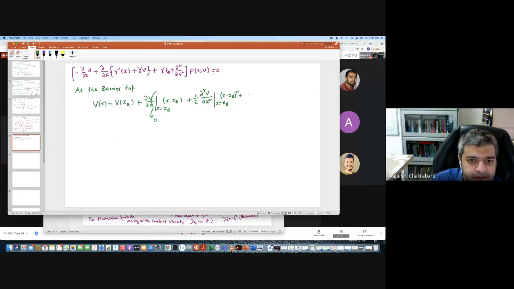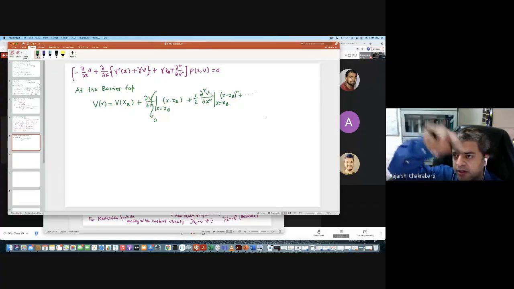So I can write this, the whole quantity, the second derivative of V with respect to x, as something like omega b square. Basically, we just approximate the barrier top with an inverted parabola, an inverted harmonic oscillator.